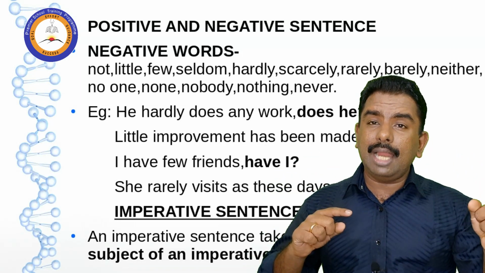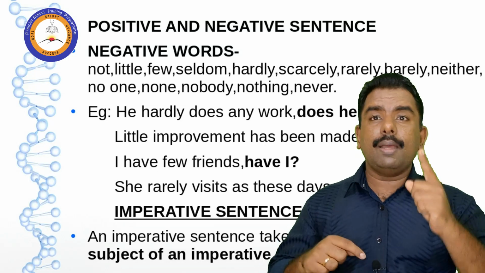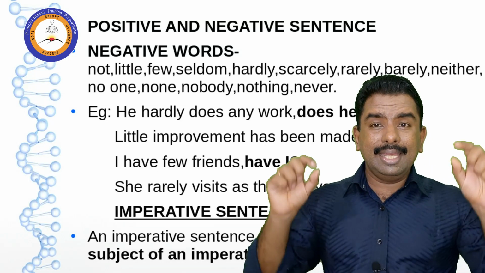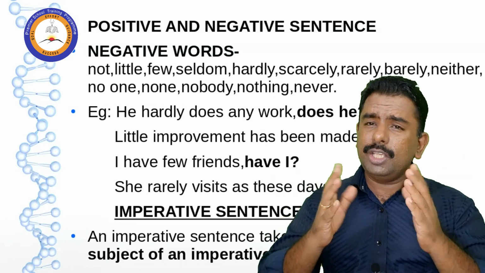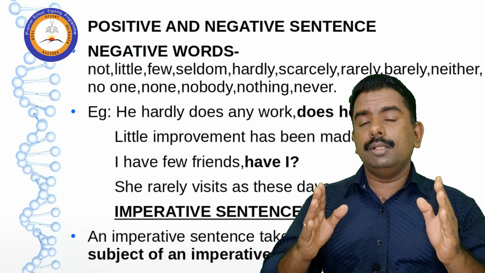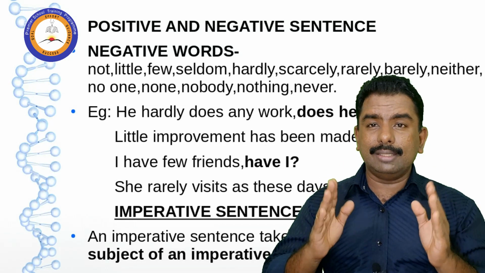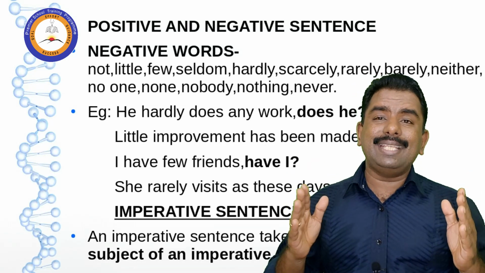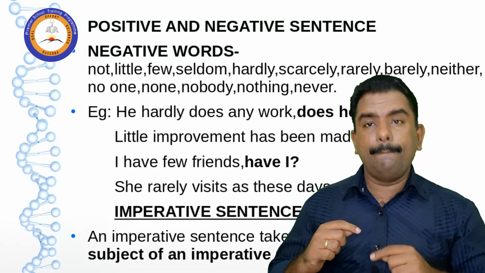Get out of this class. Stand up. These kinds of sentences are called imperative sentences. Please pray for me. So an imperative sentence takes the tag will you.